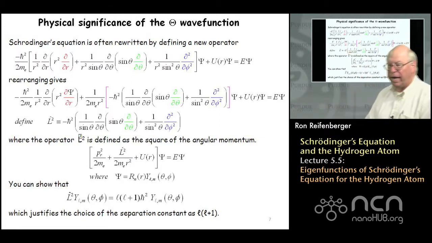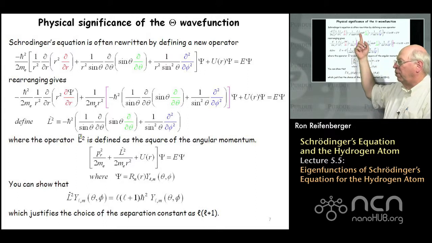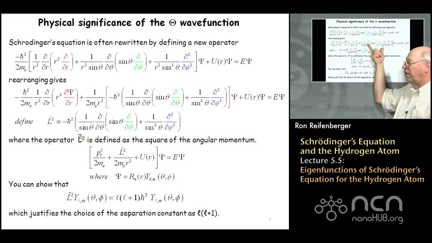If you take Schrödinger's equation, this is the form that we derived in the last lecture. You can slightly rearrange it by straightforward algebraic manipulations. What you find is this very complicated term enclosed in these magenta brackets.